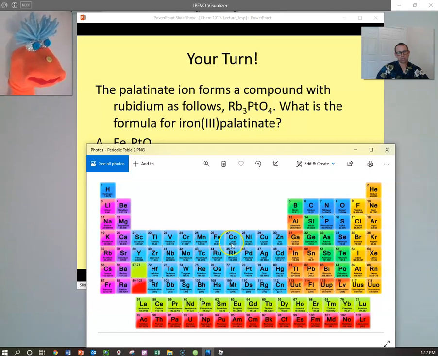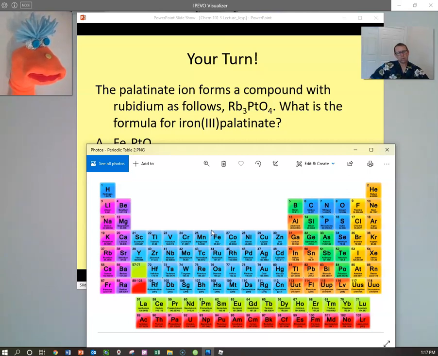Number 26. That's right. Iron is a transition metal, and it can form multiple kinds of ions. It can form +2, +3, and maybe even other kinds of ions, usually just +2 or +3. But it's not completely uncommon to hear transition metals forming crazy kinds of ions.